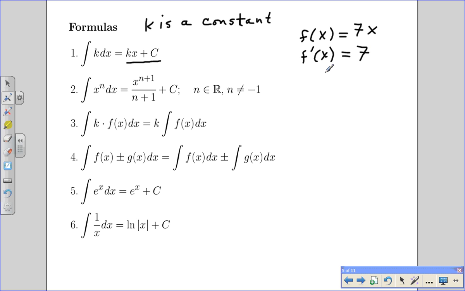So if you integrate 7, which is a constant, you get 7x. So if you start at the top and work down, that's a derivative. If you start at the bottom and work your way up, that's an integral.